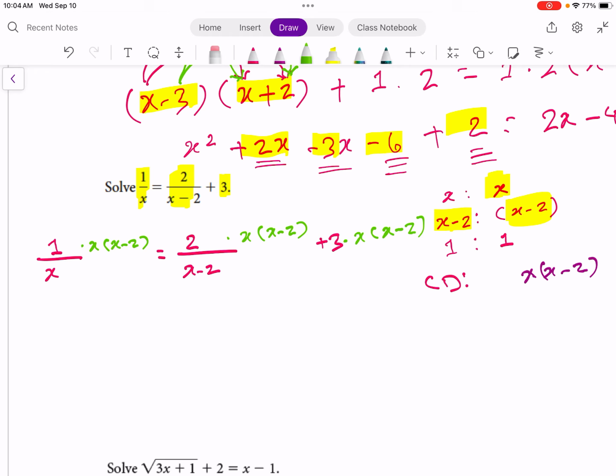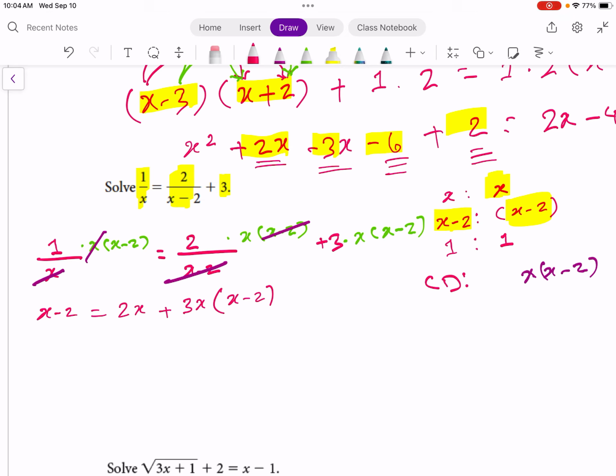You find the common denominator, then you multiply each expression by it. Then after that you always get rid of the denominators. So x cancels, x minus 2 cancels. After canceling we have 1 times x minus 2, that is x minus 2, equals 2 times x, 2x, plus 3 times x, 3x times x minus 2.